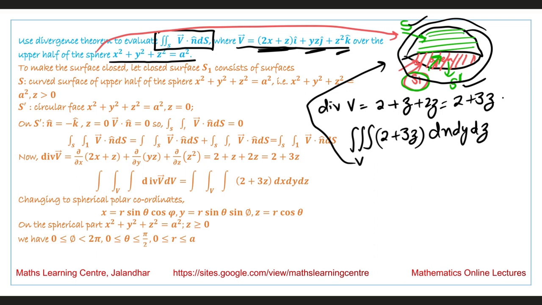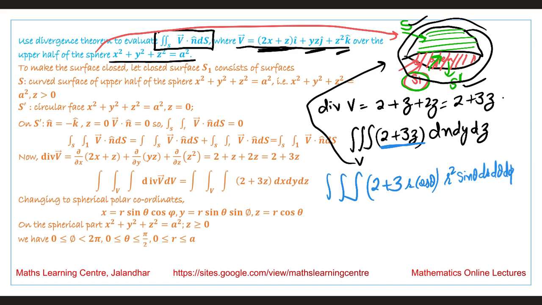Now if we use spherical polar coordinates over here, this integral will change to a triple integration. In place of 2 plus 3z, we will have 2 plus 3 r cos theta. Then in place of dx dy dz, we have r square sin theta dr d theta d phi.